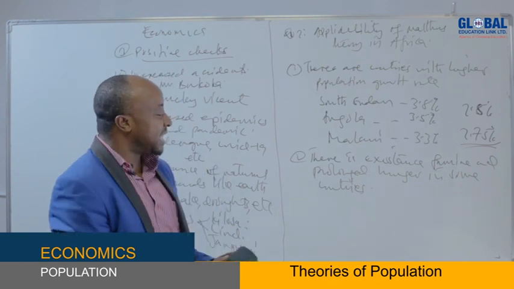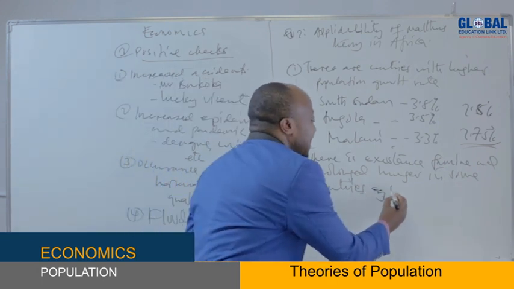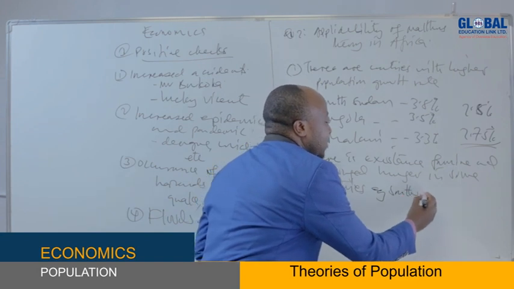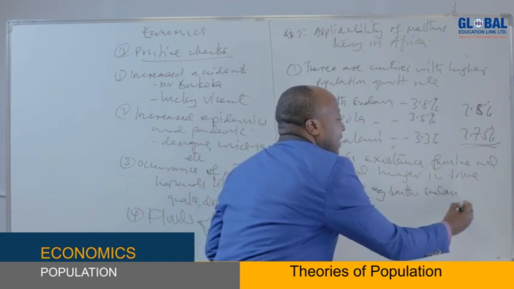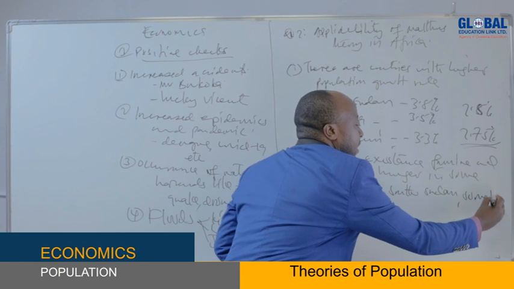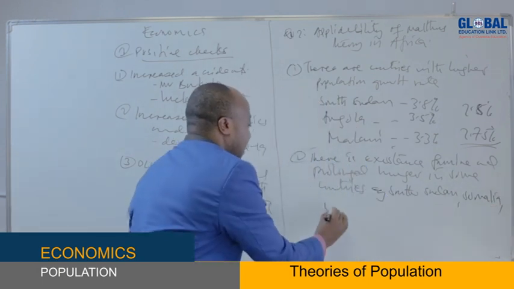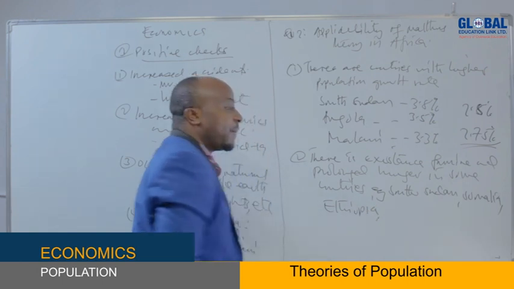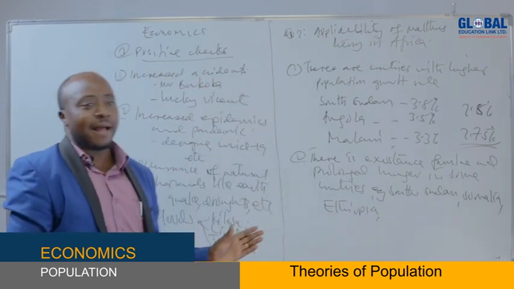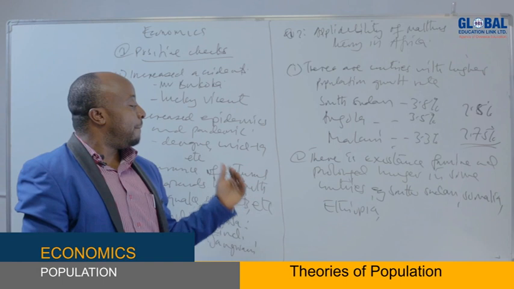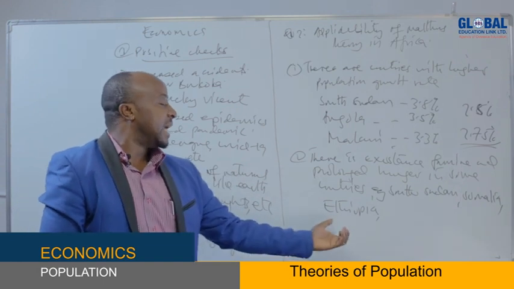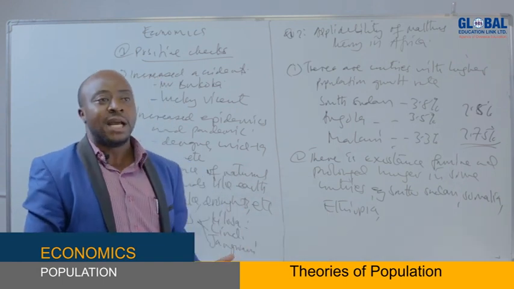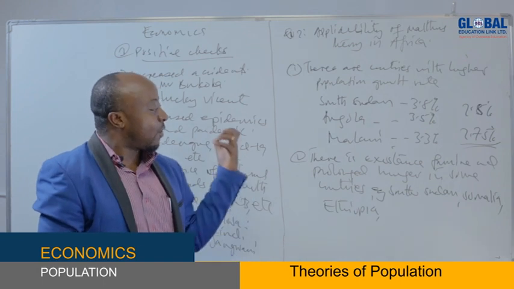Food. So we have countries like South Sudan, we have Somalia, we have the new case of Ethiopia, which is now even discussed by the United Nations, that in Ethiopia there is prolonged hunger and the majority of the Ethiopian population needs assistance from outside because they are facing complete hunger.